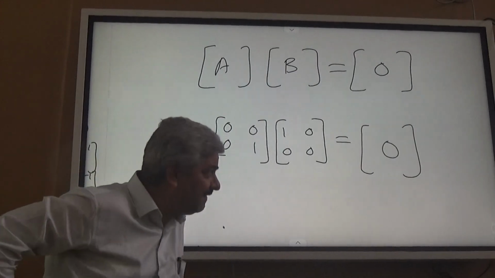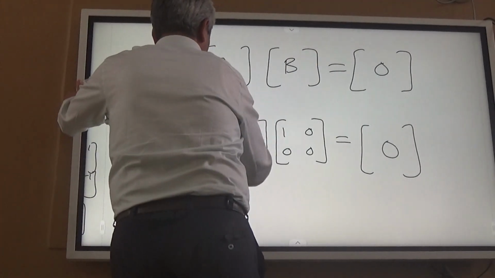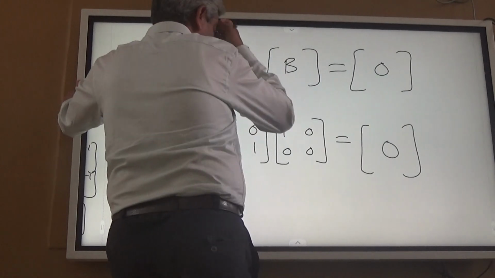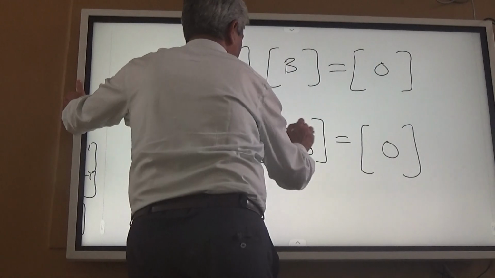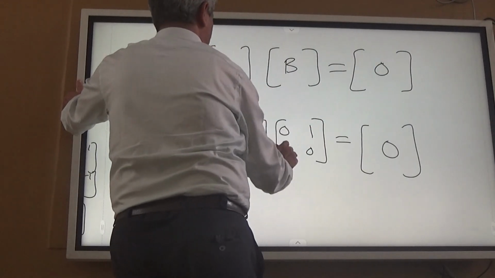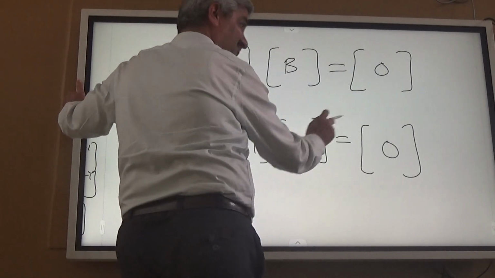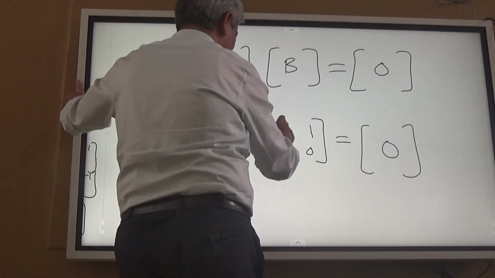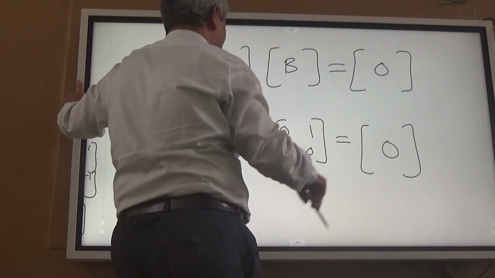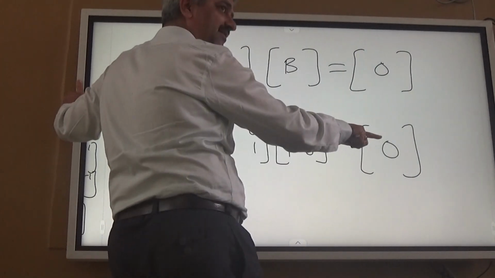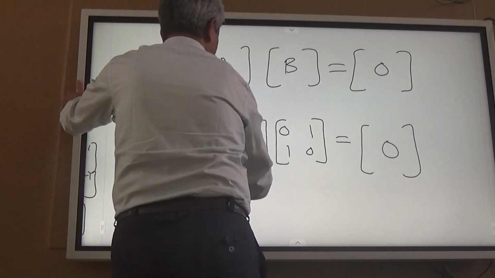Now, can I have it like this? We can try different trial and error. What will happen in this case? First row into first column, first row into second column, second row into first column, second row into second column. How can we have that?